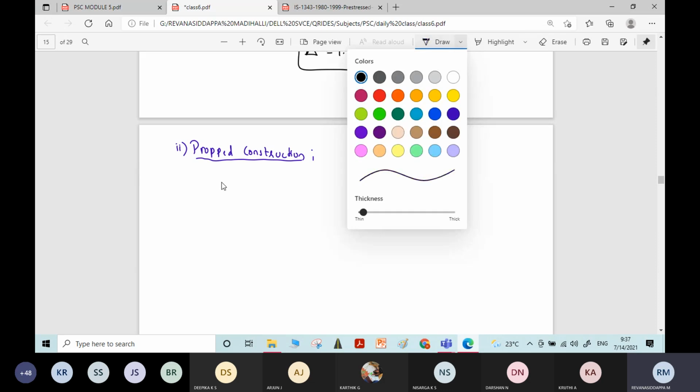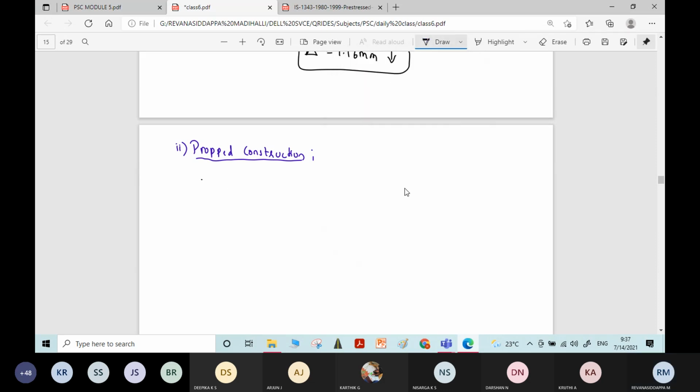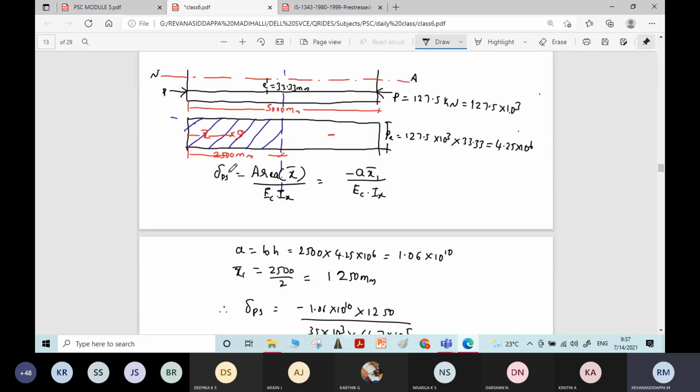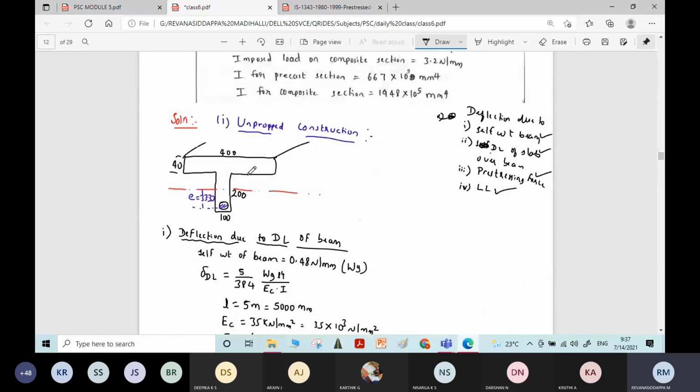See, for propped construction, as I said in the previous class, this slab and beam will act as a whole. It will act as a monolithic section.